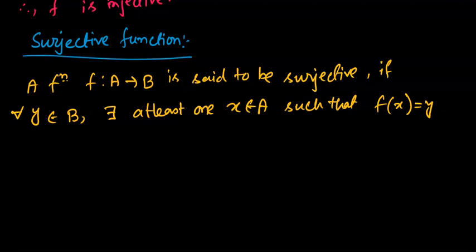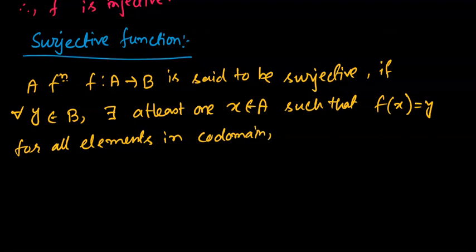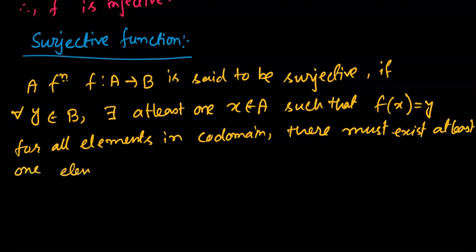It means for all elements in codomain there must exist at least one element in domain.